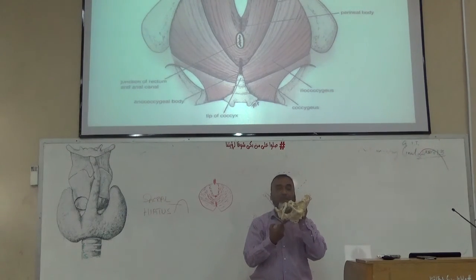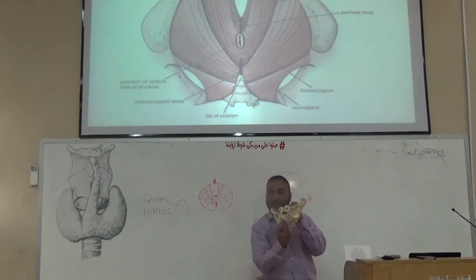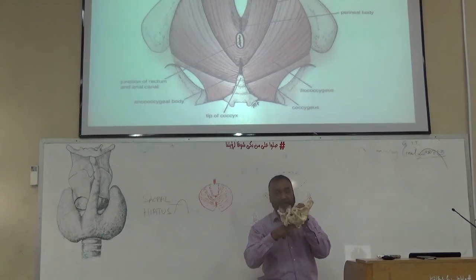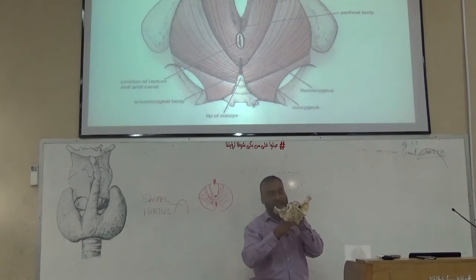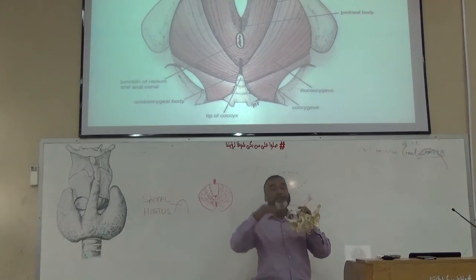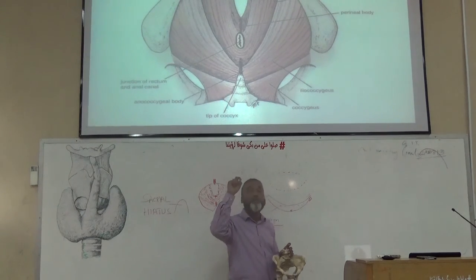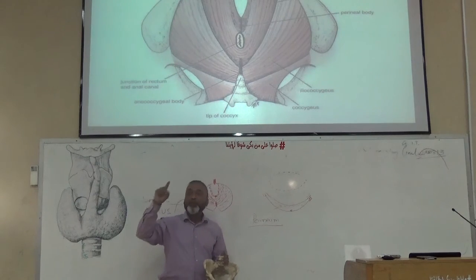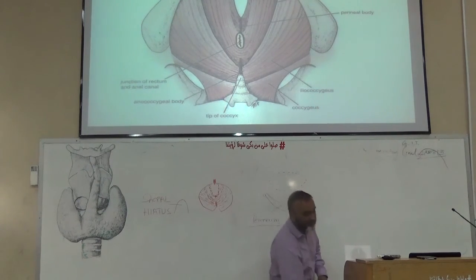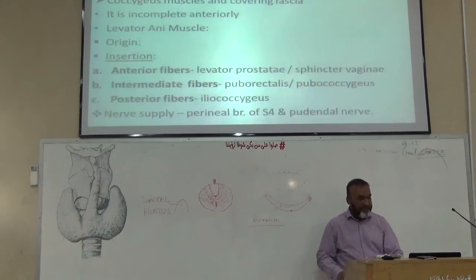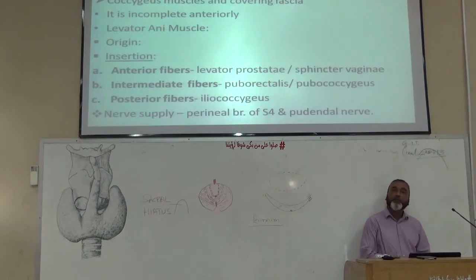It passes medially to be attached to the lower part of the sacrum and the coccyx. This is also a part of the pelvic diaphragm. So in the pelvic diaphragm we have two muscles, the levator ani and the coccygeus.